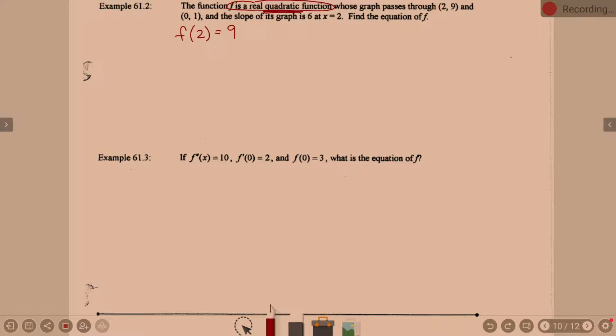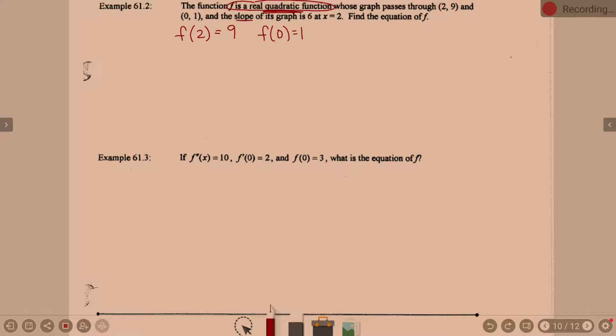So the graph passes through (2, 9), and also it passes through (0, 1). So I can also say f of 0 equals 1. What about that next piece of the sentence? The slope of its graph is 6 at x equals 2.